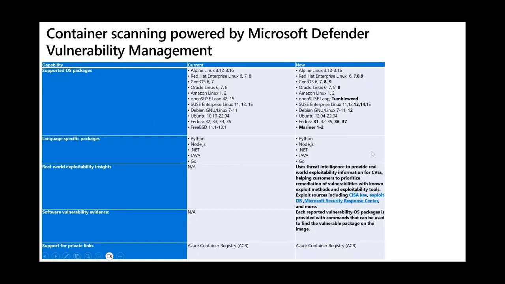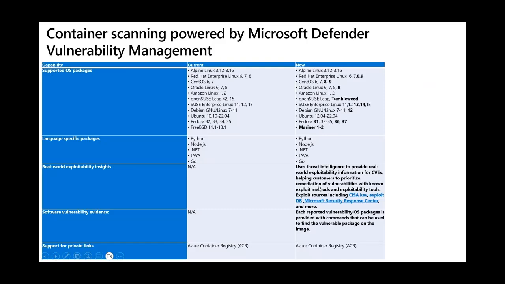This is taking a closer look at the packages that we support. You'll see here that it's pretty much the same in terms of language-specific packages, but with OS packages, we're covering a broader landscape. And with MDVM, we're providing exploitability insights.